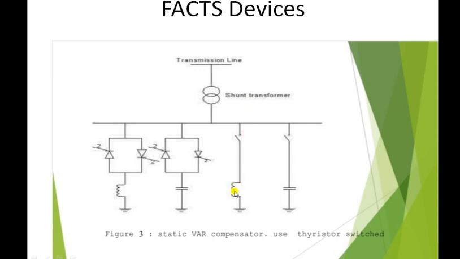We know that inductors act as absorbers of reactive power, and these inductors absorb the excessive reactive power, and by that the magnitude of voltage falls at the line, and we are able to maintain the voltage at the transmission line at the nominal value. So using this static VAR compensator we are able to control the nominal voltage at the transmission line.